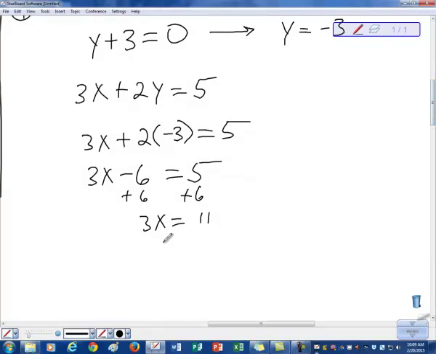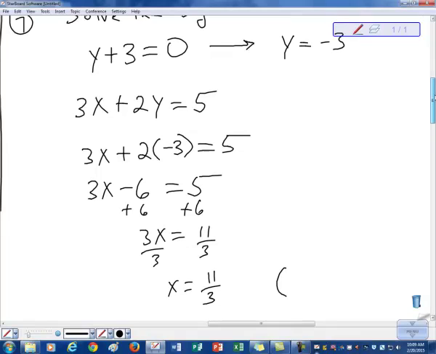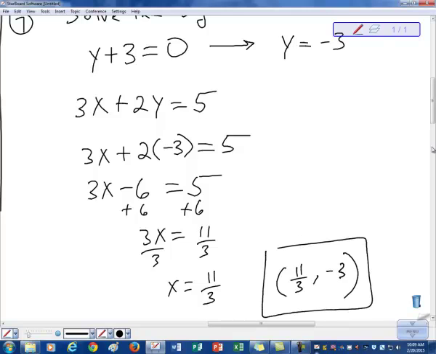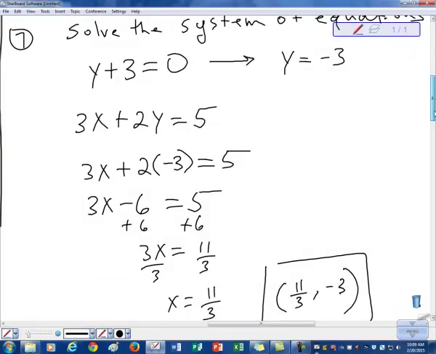Divide by 3, and we get x equals 11 over 3. Well, we have y already. That was negative 3. And so this would be 11 over 3, negative 3. And that's your answer. Okay, and that's all there is to that one.